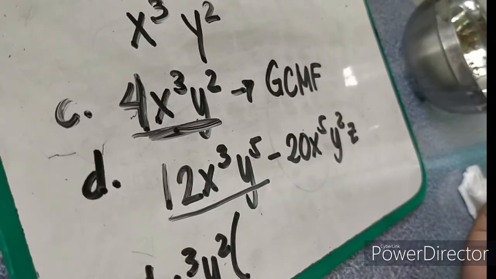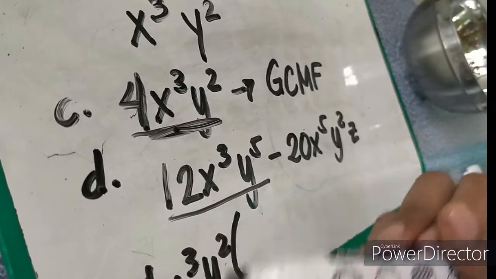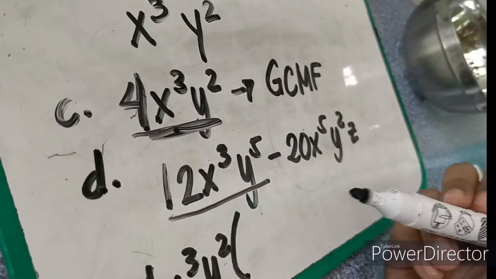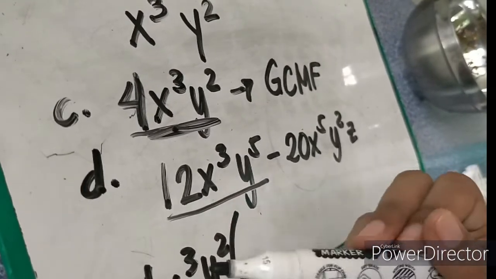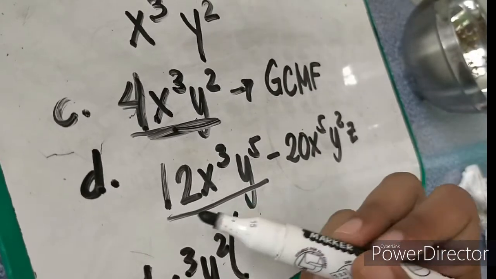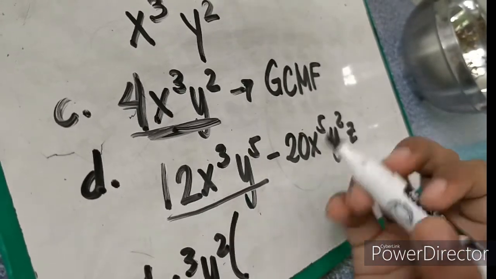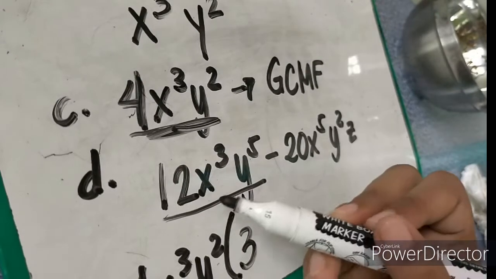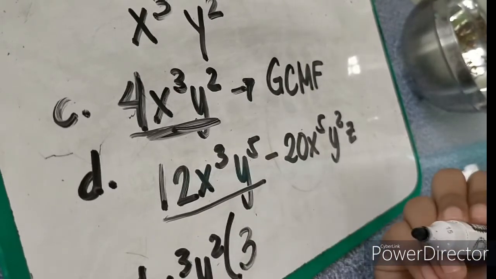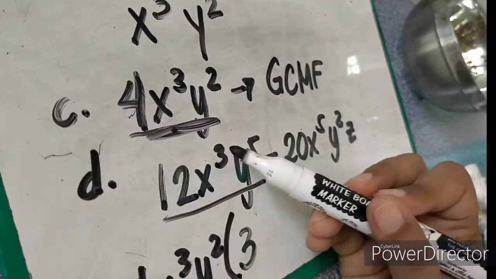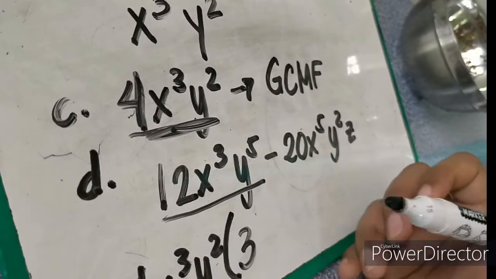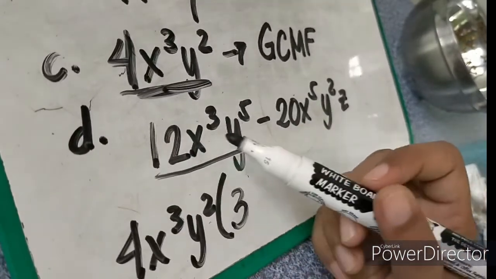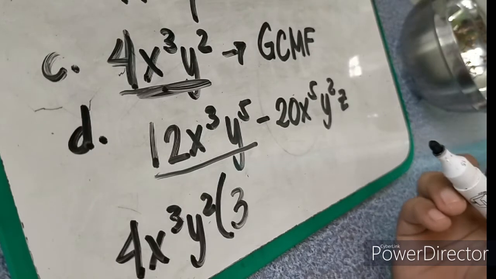So, always remember that when dividing variables with common variables, we will just subtract the exponents. So we have 12 divided by 4, 3. X cubed divided by x cubed, or 3 minus 3. Basta division po ha, it is subtraction sa exponent. 3 minus 3 is 0.